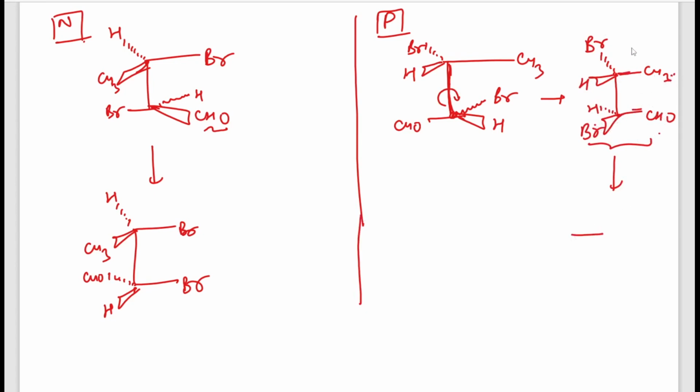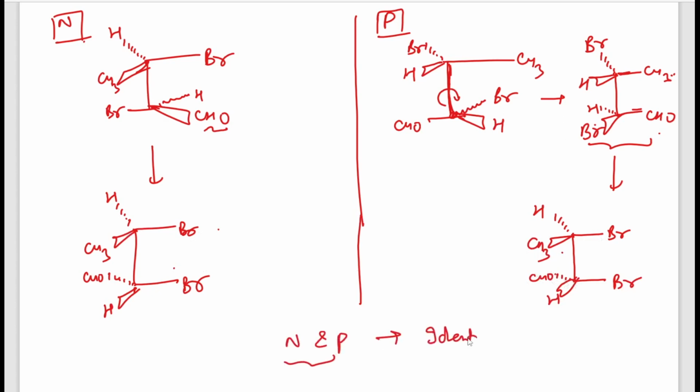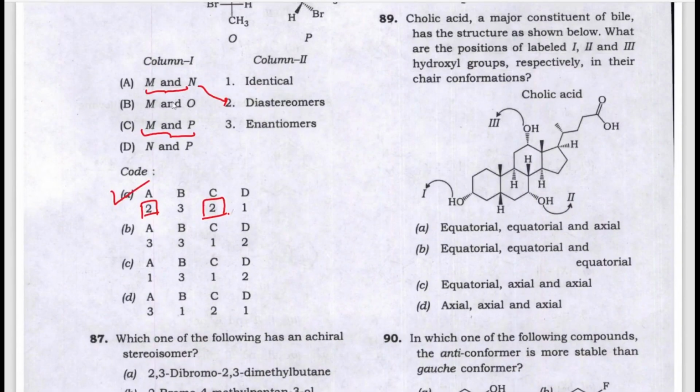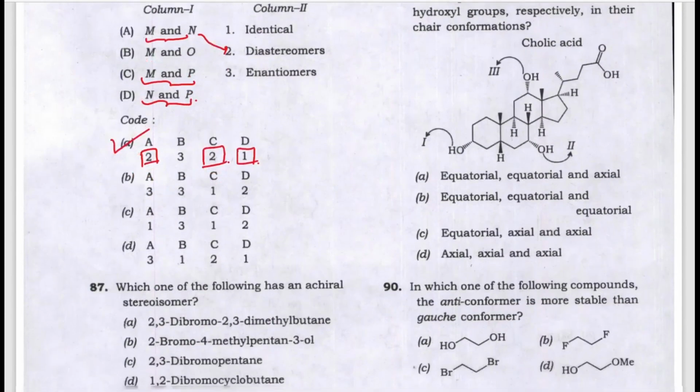So we will interchange the positions of the substituents of all the groups. Okay. So you can see that both the structures are the same. So N and P both are identical. Okay, that is one. Now we will check B option.